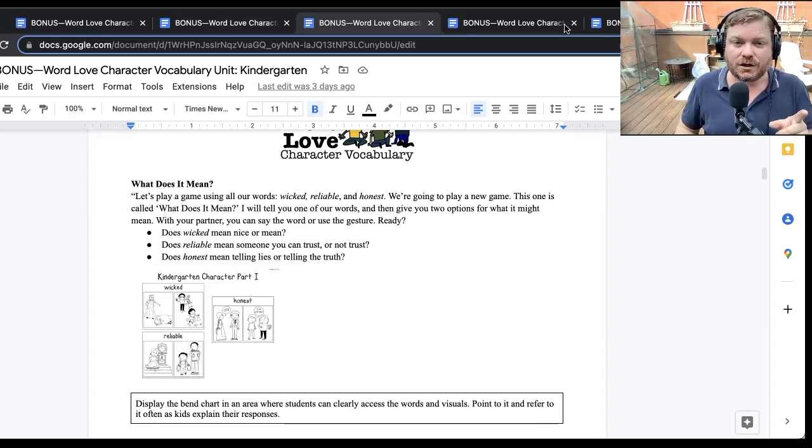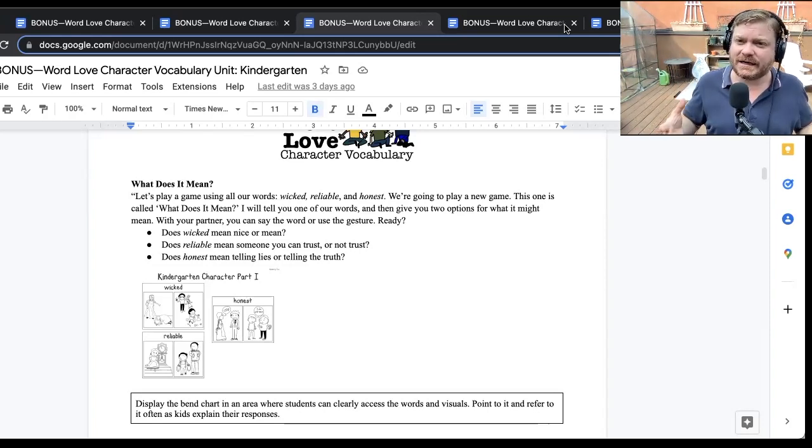With your partner, you can say the word or use the gesture. Are you ready? Then you prompt the class, you say, does wicked mean nice or mean, right? And kids might say, oh, it means mean, or they might do whatever gesture that you gave for wicked, right? Does reliable mean someone you can trust or not trust, right?